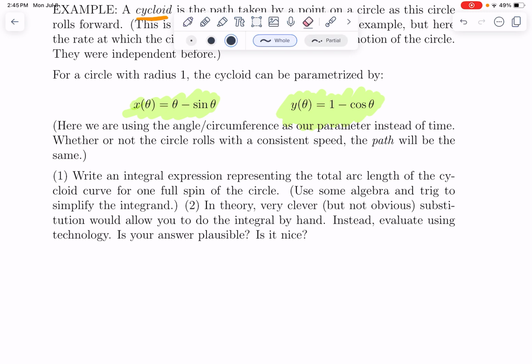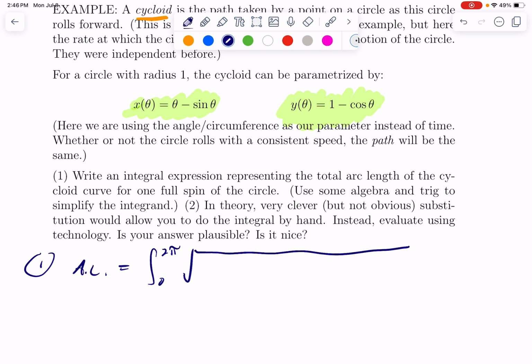So our arc length here for one full spin would be the integral in this case from 0 to 2 pi of the square root of x prime of theta squared plus y prime of theta squared d theta.